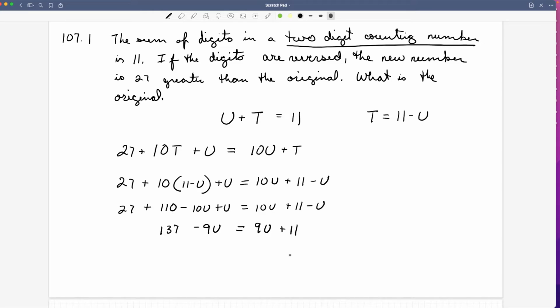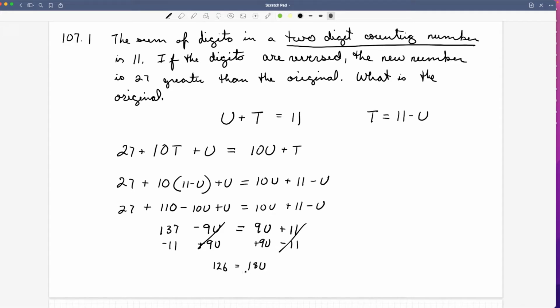So if I subtract 11 from both sides and I add 9u to both sides, I get 126 is equal to 18u.